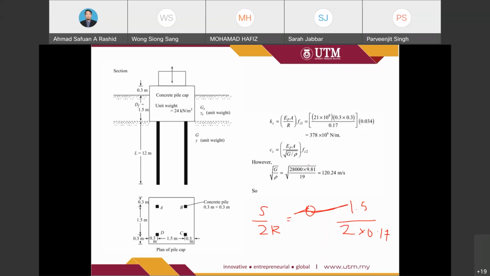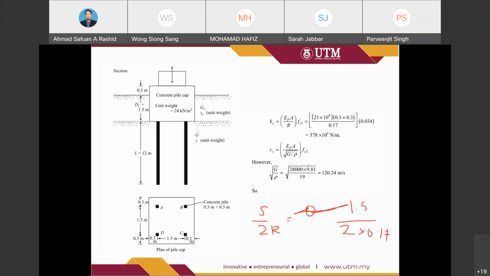Then we calculate 1.5 over 2 times 0.17, so the value is about 4.41. Now we look on the diagram.